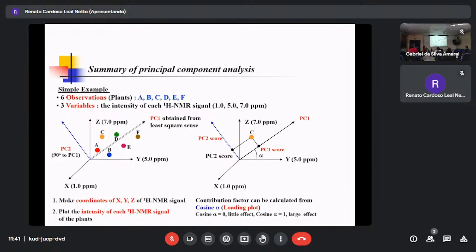There are two kinds of data coming out from principal component analysis. The first one is the score plot. Score plot is here. Now in the Brownies family, father, PC1 score is from here, right? And here PC2 score. So that's why the score is a reduced variable.